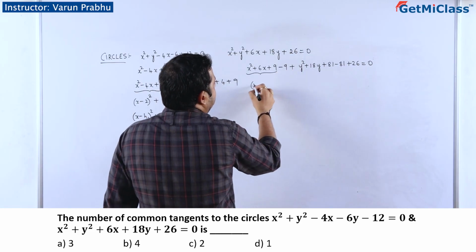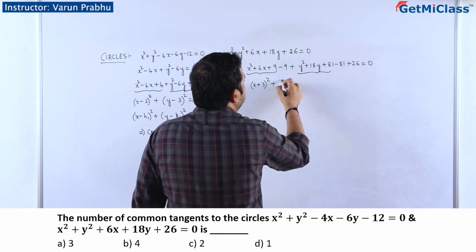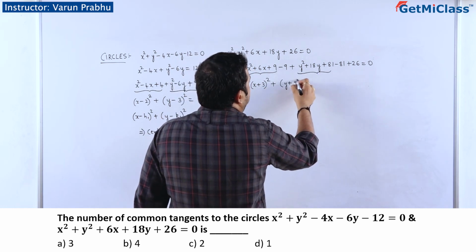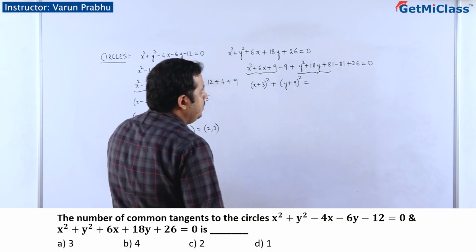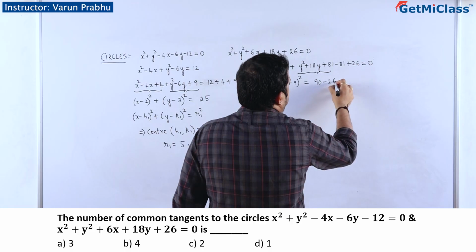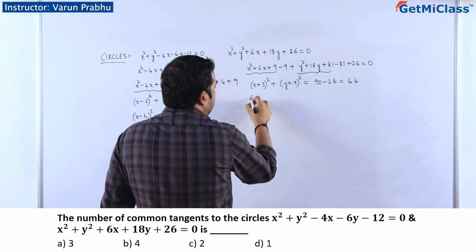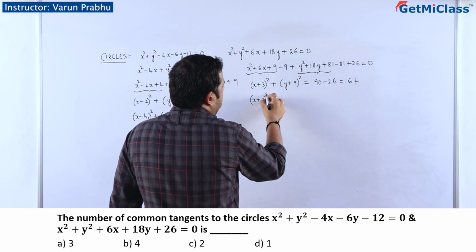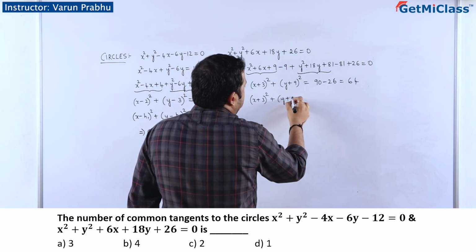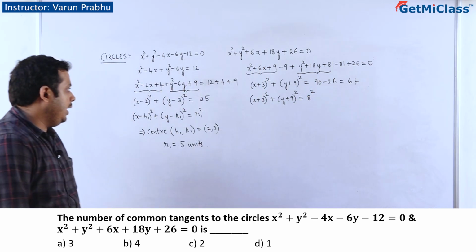These three terms get square completed as (x + 3)², and these as (y + 9)², which equals 90 − 26, which is 64. So your answer will be (x + 3)² + (y + 9)² = 8².